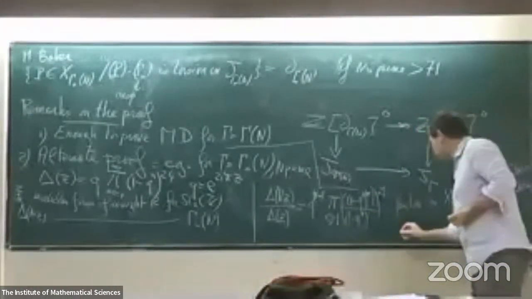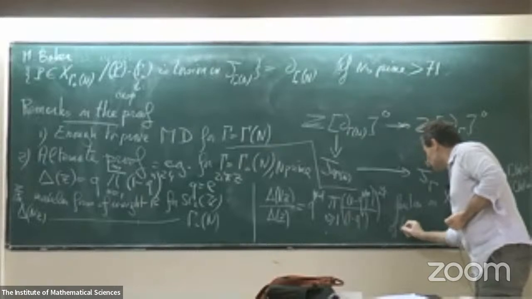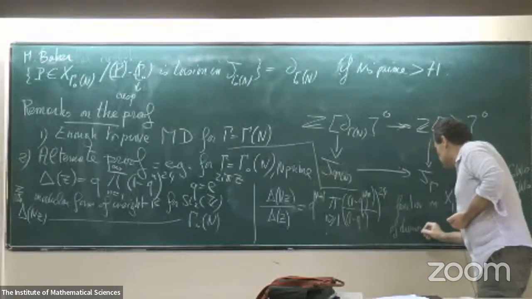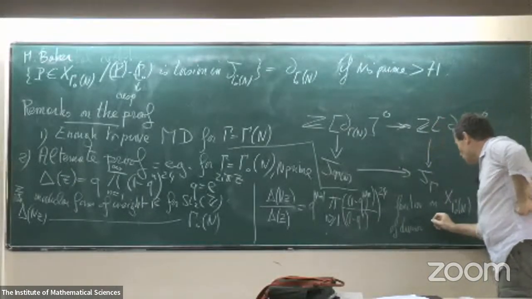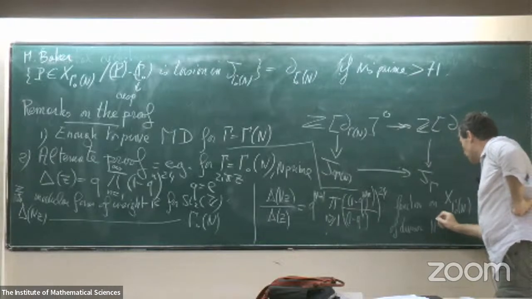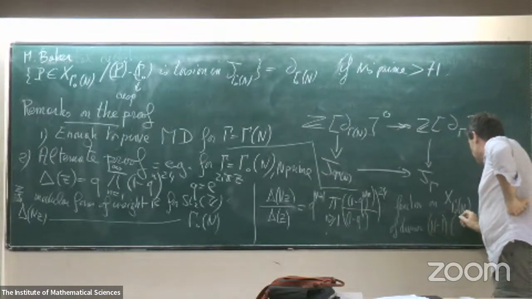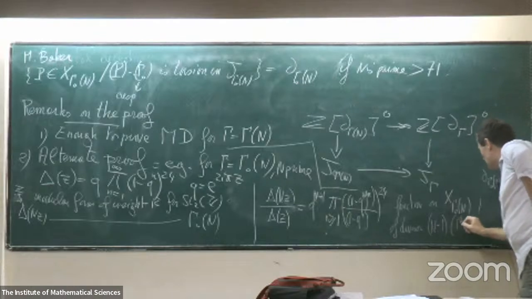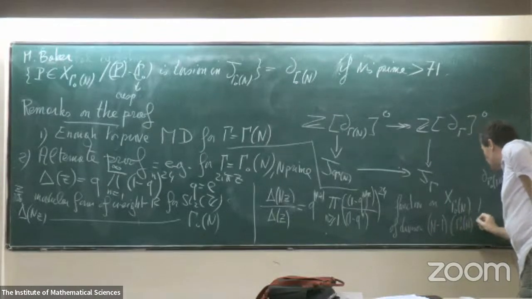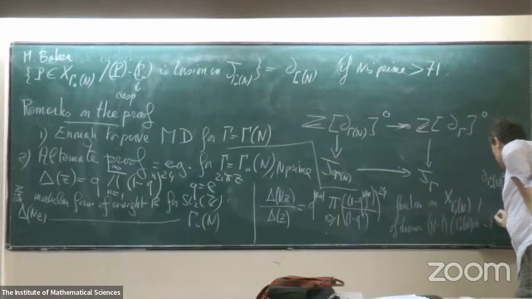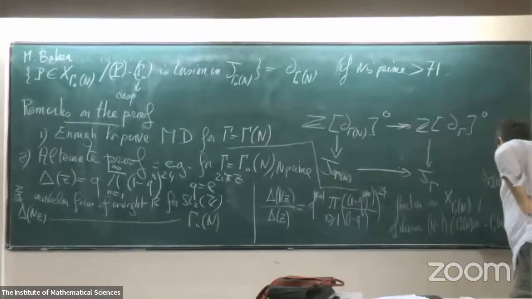So the divisor, I think, is N minus 1 times the cusp infinity minus the cusp 0.